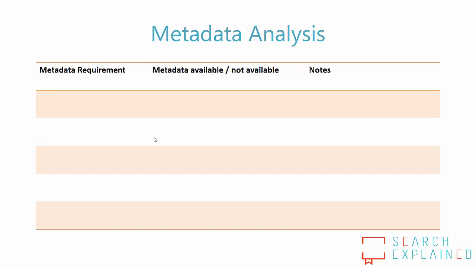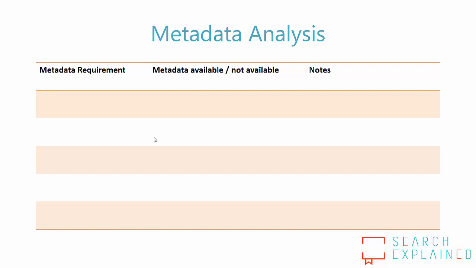So usually I recommend to start with mockups, user interface mockups, what your users want to see and how they want the results to be presented to them. And based on those mockups, it's quite easy to identify those properties, those metadata that you need.